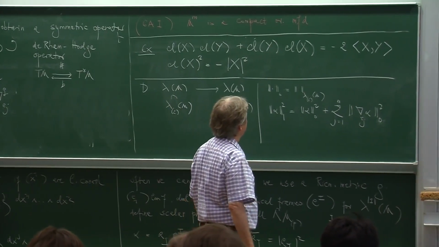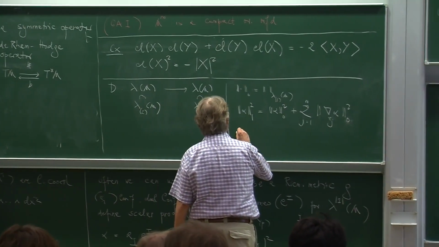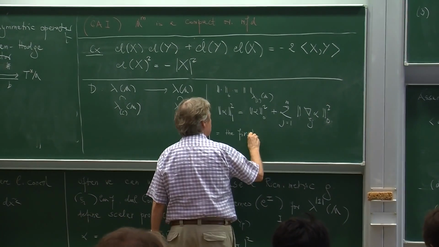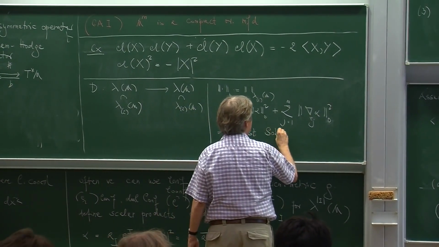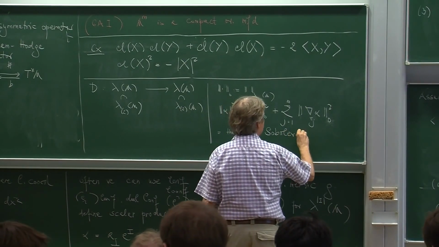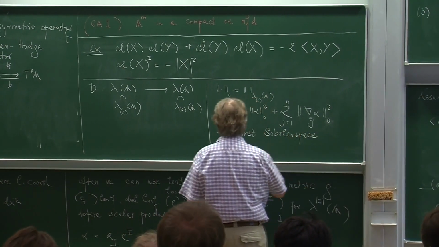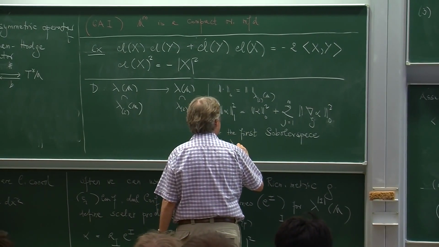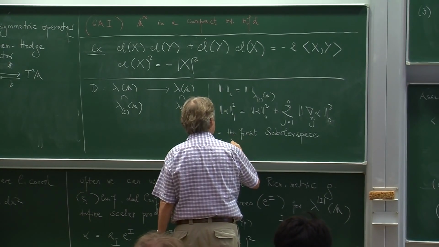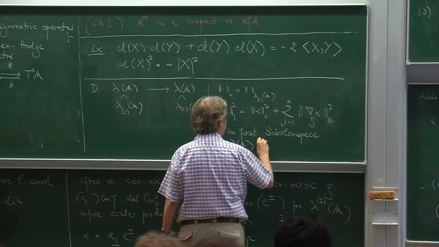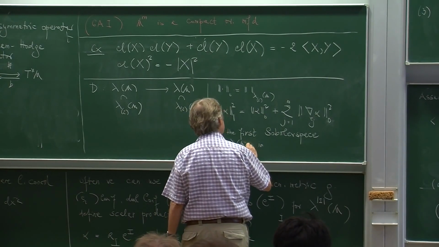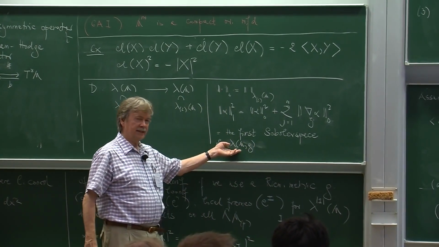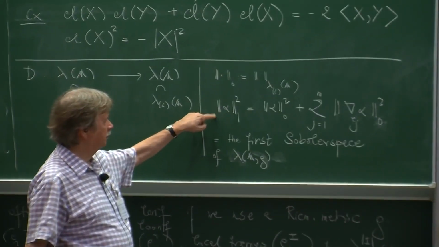And this is also called the first Sobolev space of lambda m, associated with this dense space, and I close it up under this norm.